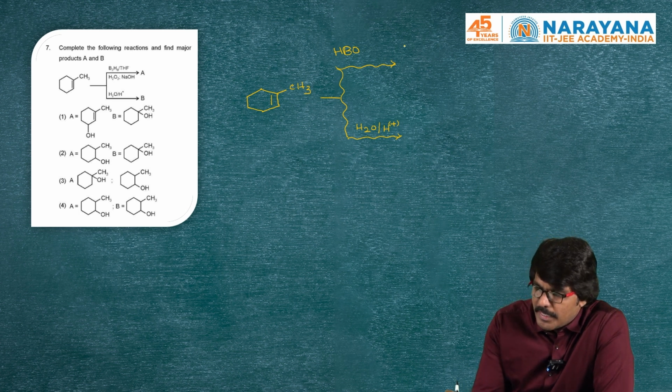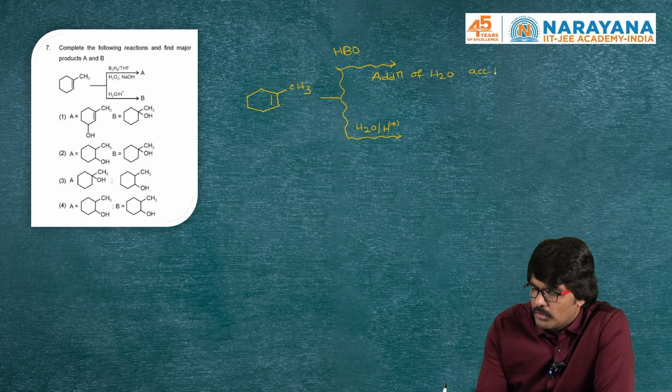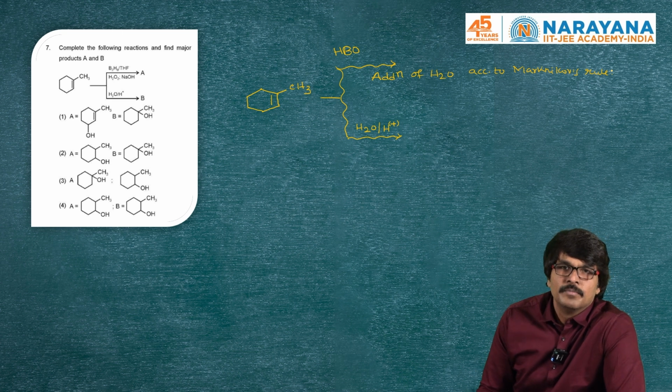And in case of the HBO reaction, net reaction is addition of water. The result is no rearrangements, nothing. Addition of water according to Markovnikov's rule. Even after writing the mechanism, you have to take the same conclusion.